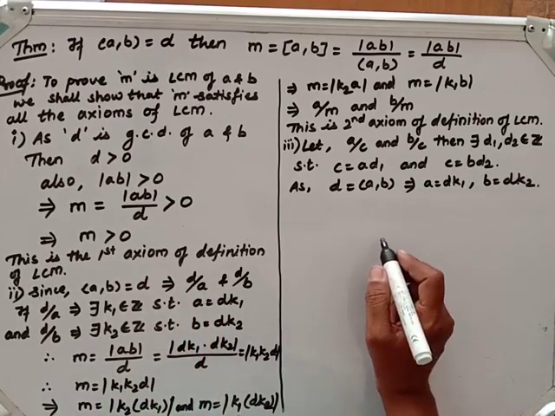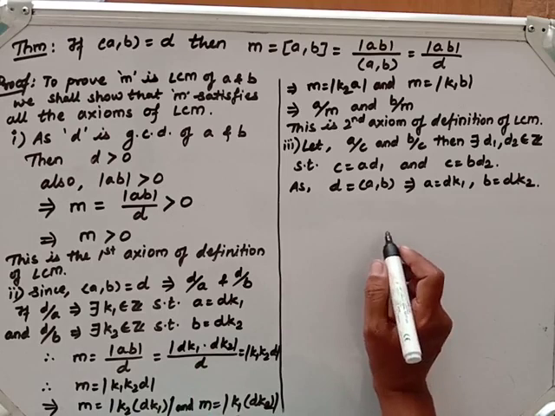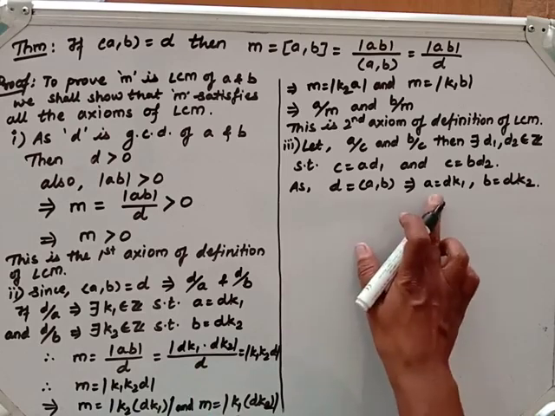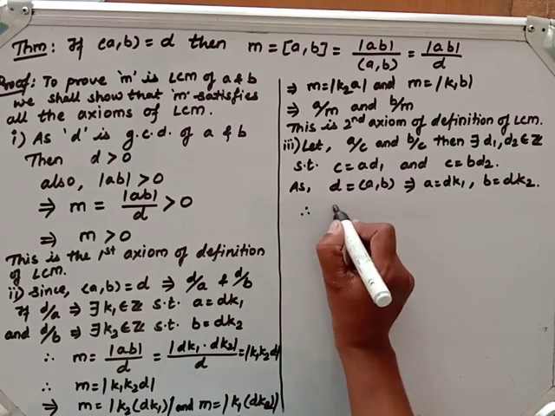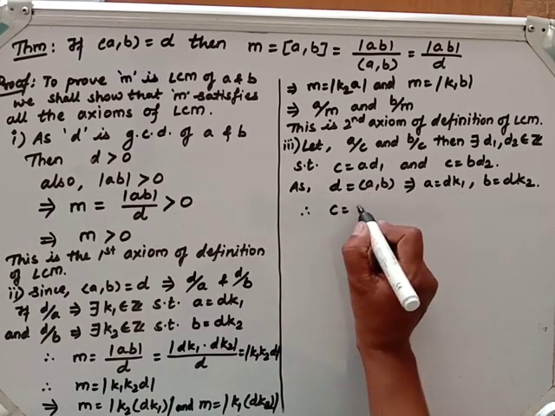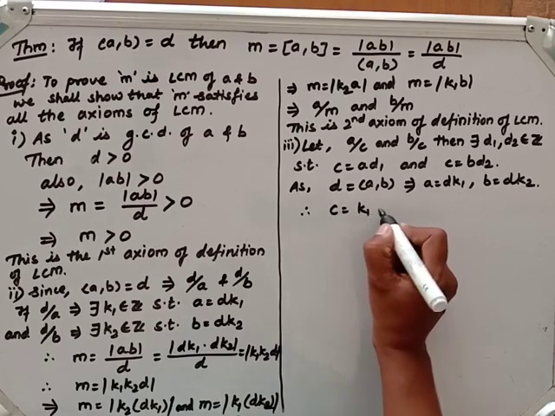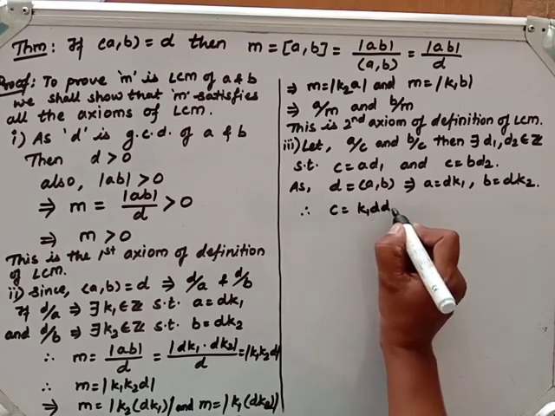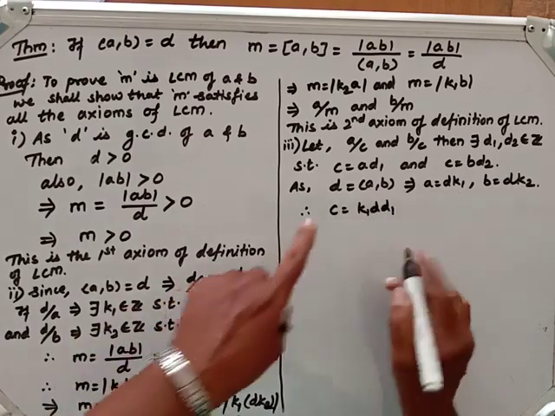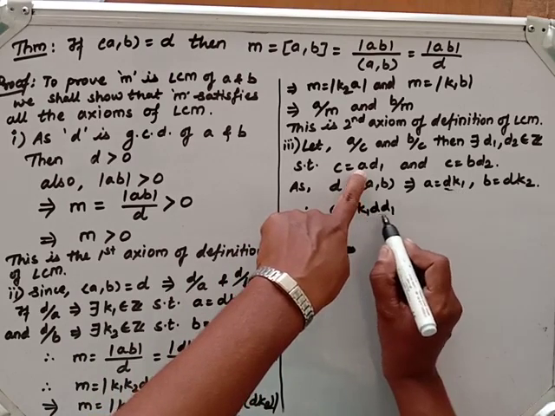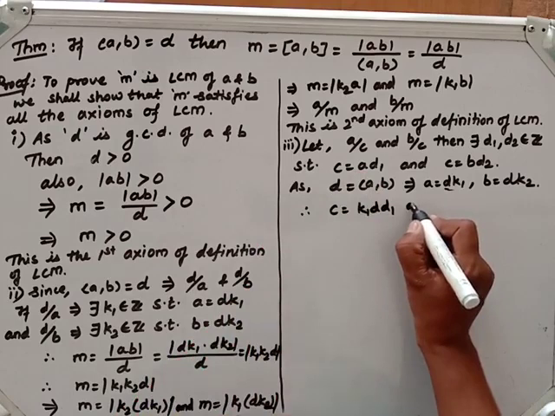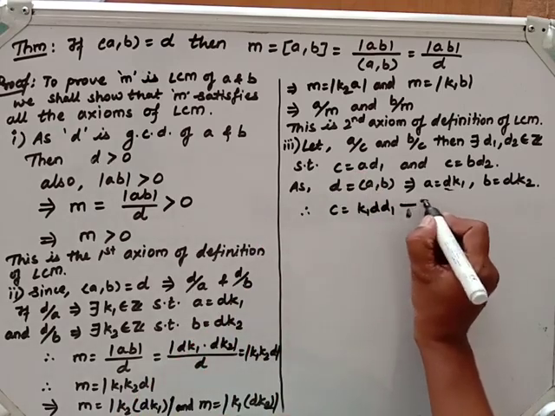Now from this, let me put this value of A here in C. So from this, what we get? C is equal to K1 D into D1. Here look at it, A is DK1, so K1 D into D1, and let it be equation number 1.